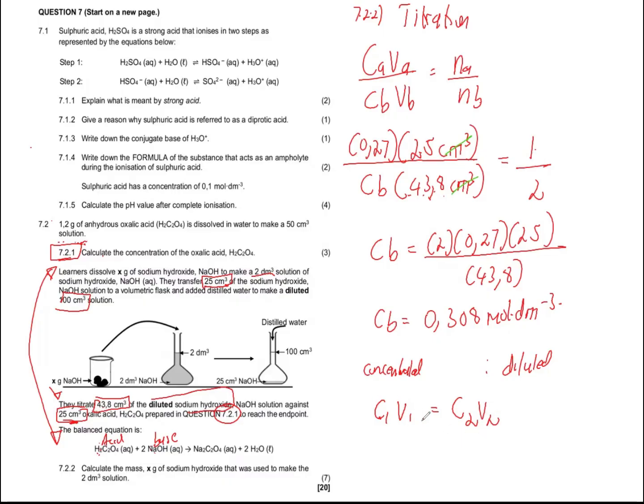So what I'm looking for here is the concentration before dilution, when it was still concentrated. Now, they did mention that the volume initially was 25 cm³. So where did they mention it?